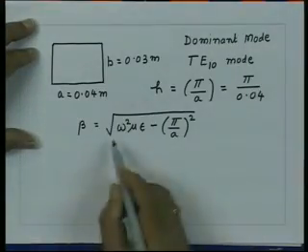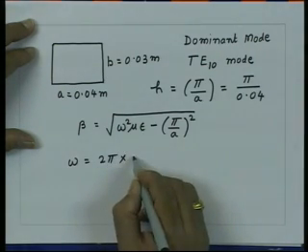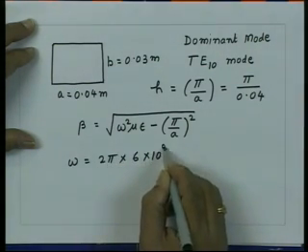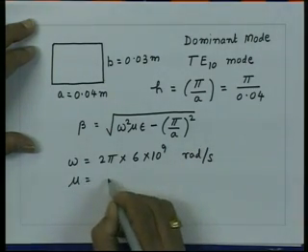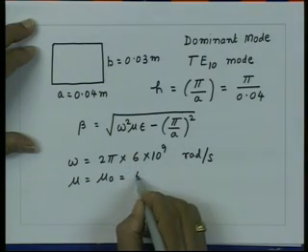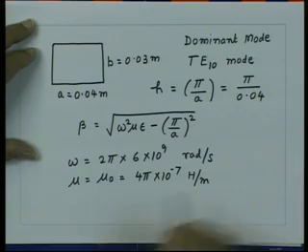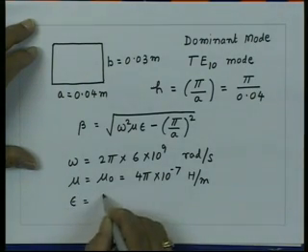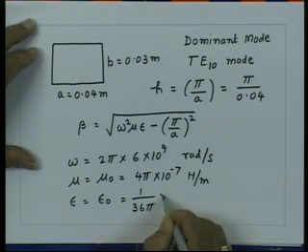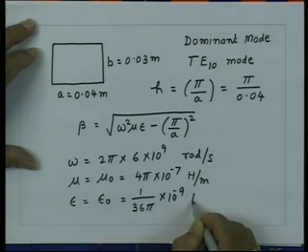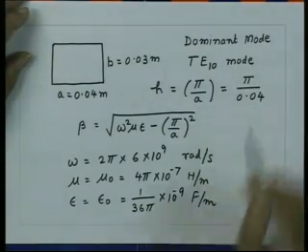So, we can write here omega will be equal to 2 pi into 6 gigahertz, so 6 into 10 to the power 9 radians per second. Mu is equal to mu 0, which is equal to 4 pi into 10 to the power minus 7 Henry per meter, and epsilon will be equal to epsilon 0, which is 1 upon 36 pi into 10 to the power minus 9 Farad per meter, and pi upon a is given here.